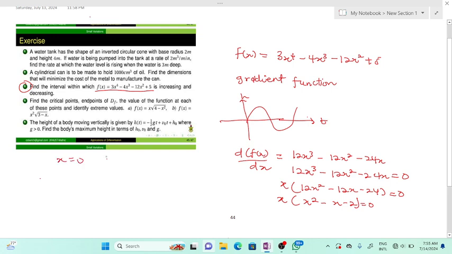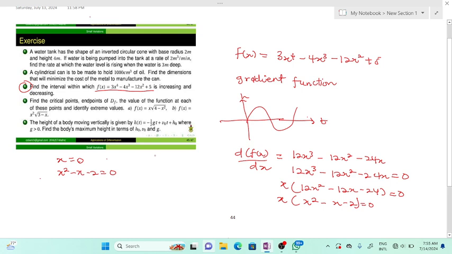Then the next part is x squared minus x minus 2, which is also equal to 0. Then I have to just simplify this. So how do we break this down? You can punch on the calculator so that you get the roots of this equation as simply as possible. So let's see.